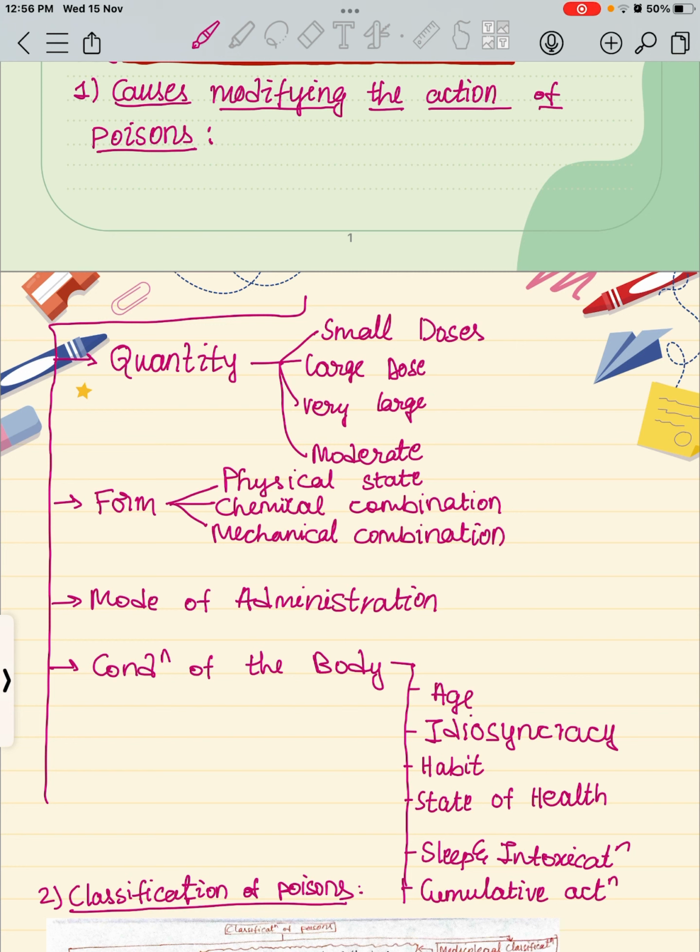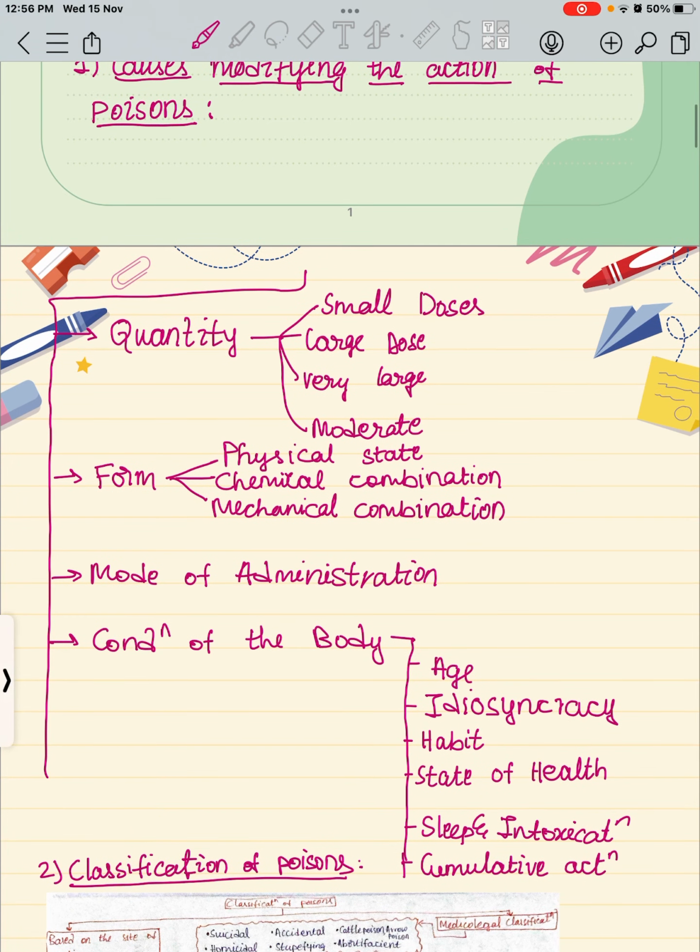Form. How the form of the drug or any poison will affect the action of poison. Let us first discuss physical state. We all know that poison can be gaseous, liquid, and also in solid form.